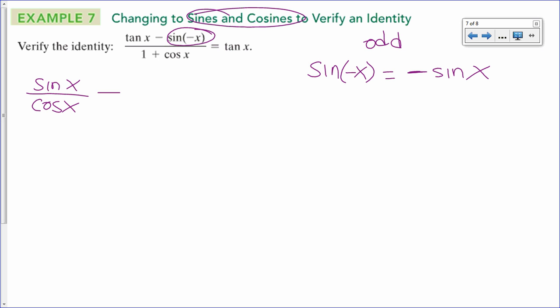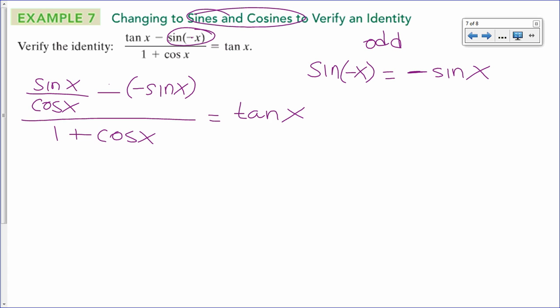Those are odd functions. So this one right here, I'm going to replace with negative sine x. And of course, negative times negative would turn into positive.